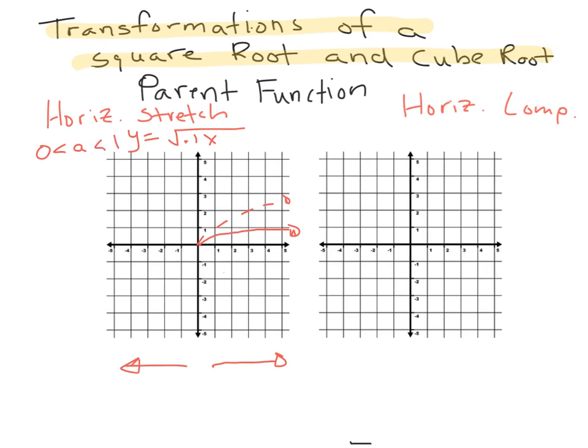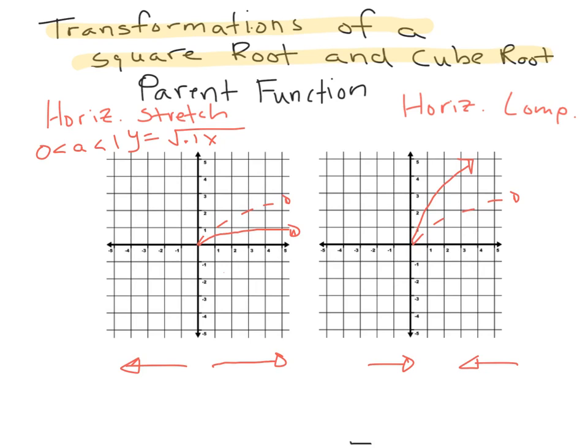Now, the horizontal compression, that means now we're pushing in, okay? We're compressing him. And so think about it. If you were to compress this parent function, what do you think he would do? Well, he would get super tall because you're pushing in on him, okay? You're pushing him towards that y-axis.